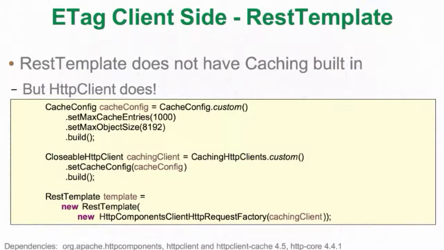So the code you see here demonstrates how to supplant the REST template's built-in HTTP behavior with the Apache HTTP client. With this installed, etags work automatically. Now, this code is something that you would configure once when you set up your REST template, and then you would dependency inject the template wherever you needed it.